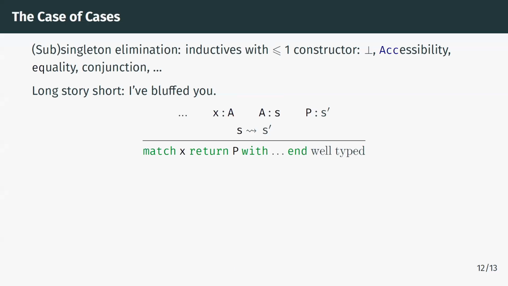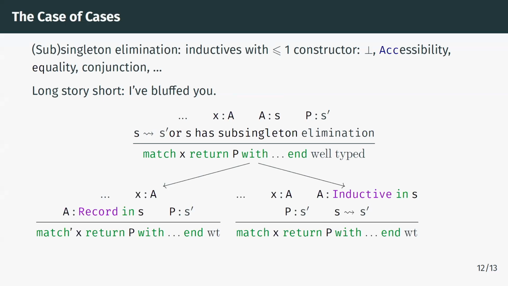So the rules that I've written for elimination are not the real rule, because we have this little addition that S has subsingleton elimination, and so this becomes well typed with this. But this is also actually a cheat, because this is not the real rule, which is more something like split in two.